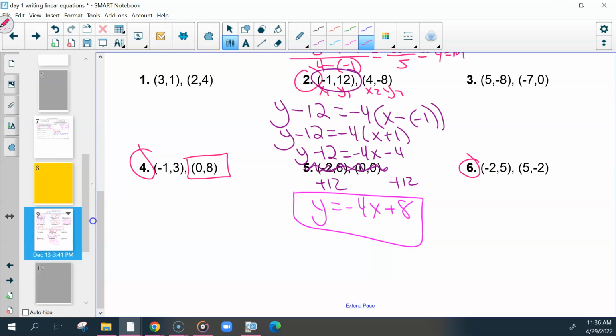If I were to graph that point, where would that fall? So that means this is your y-intercept. We don't have to put in a point and find that y-intercept because we're given it. So after we find our slope, we just put that directly into our equation. But first, let's find our slope.